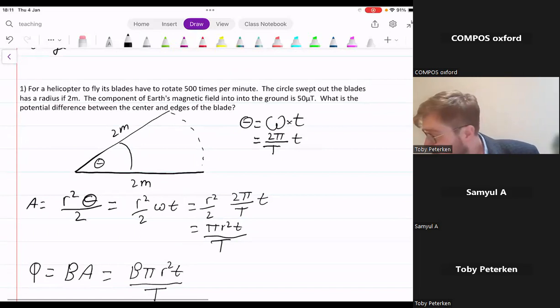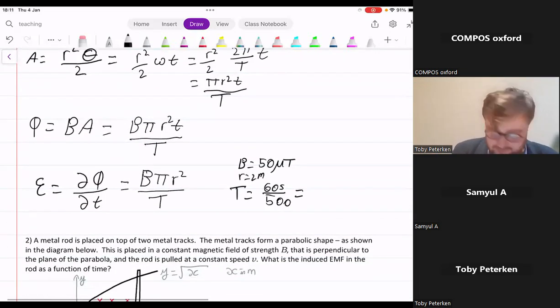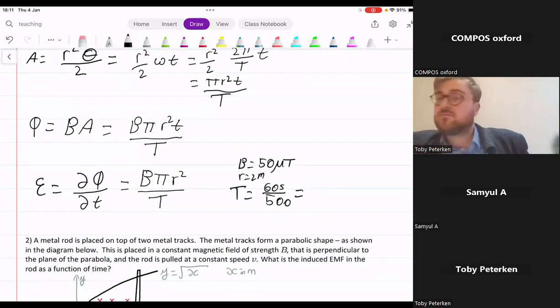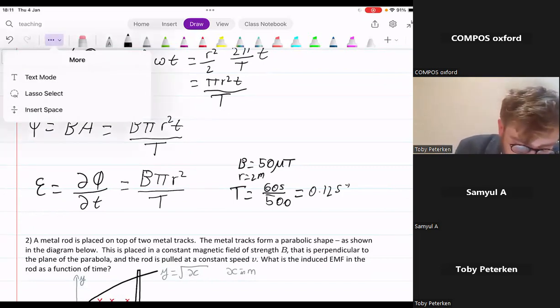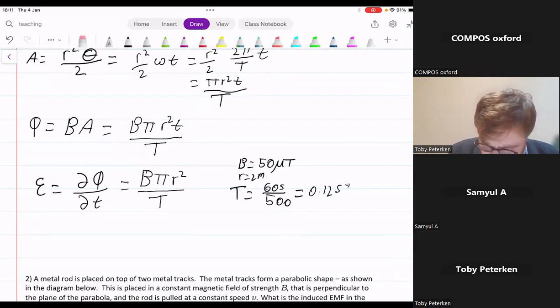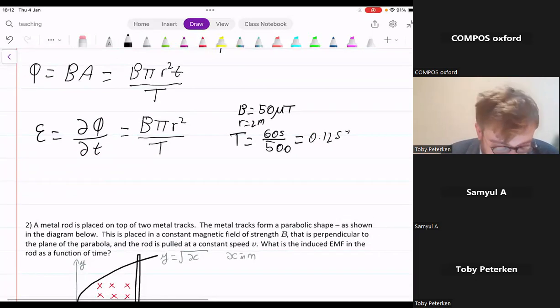I've got my calculator, 60 divided by 500 is 0.12 seconds. Yeah, 10 rotations a second seems kind of reasonable when you think about how fast a helicopter blade goes.